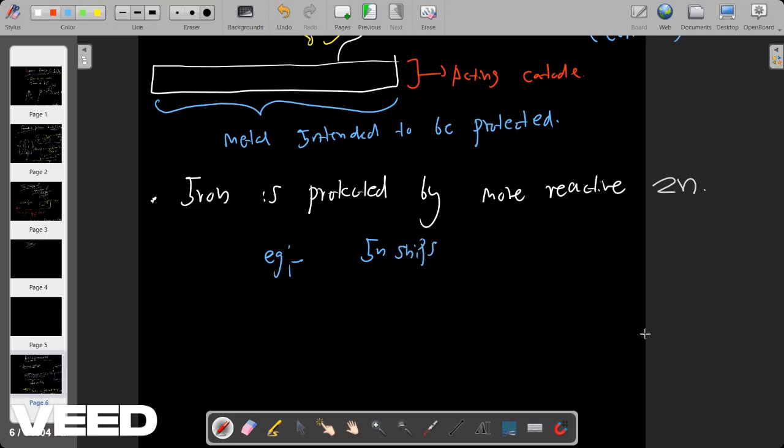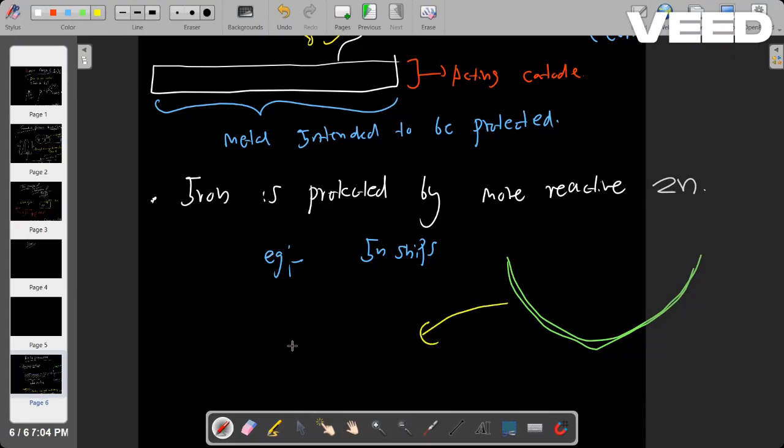Ships are found where? In the sea. Now in ships, if this is the hull of the ship, cross section, right? The hull of the ship is made out of iron or steel.